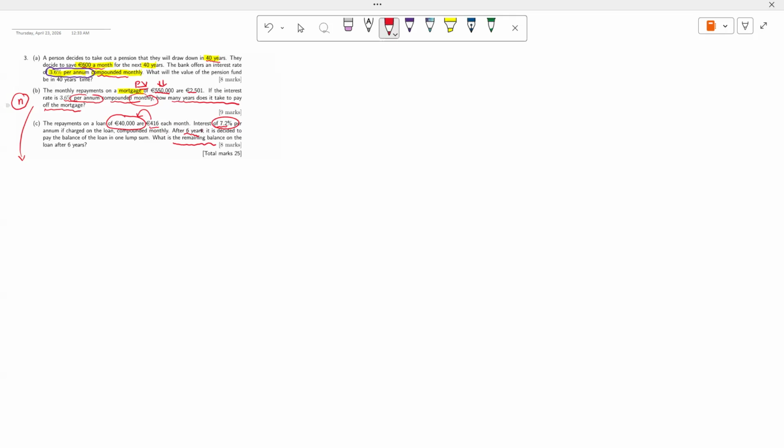Someone naive who does not understand present and future value and the interest rate can easily say, he kept paying for 6 years, every month he paid 416. So 6 years means how many months? 72 months, multiplied by 416, because every month he paid 416 euros, and that would be the amount that he paid.